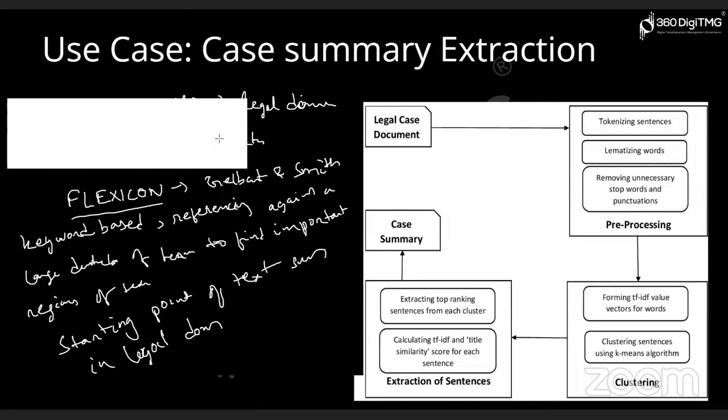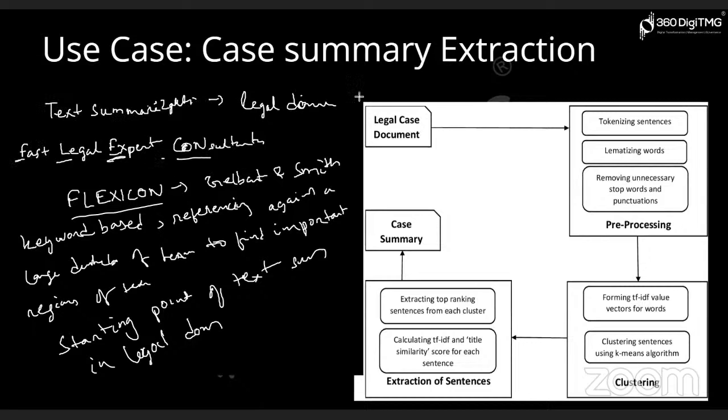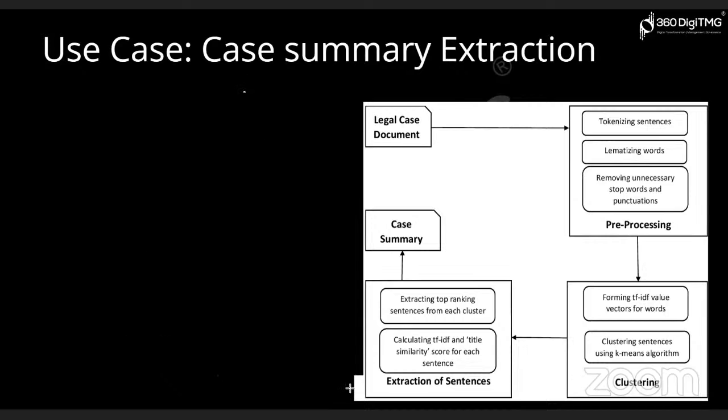Let us discuss a few more. Lexicon was the first one. We also have something known as Solomon. This is based on cosine similarity. It finds similarity using cosine similarity, and it can be taken as an alternative to Lexicon.